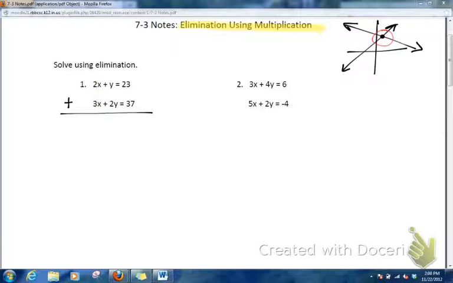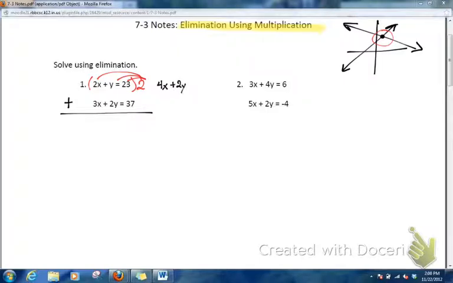So in this case the easiest thing to do would be to multiply this first equation by a 2, because that will turn the y into a 2y, and now my y's are the same. So this is what we're going to do. We're going to multiply the top equation by 2, and when you do that you have to distribute the 2 to every piece of the equation. So 2 times 2x gives me 4x. 2 times y gives me that positive 2y.